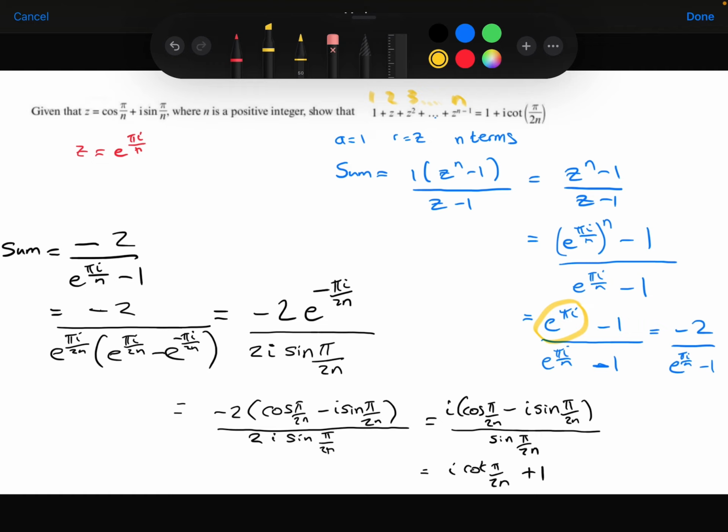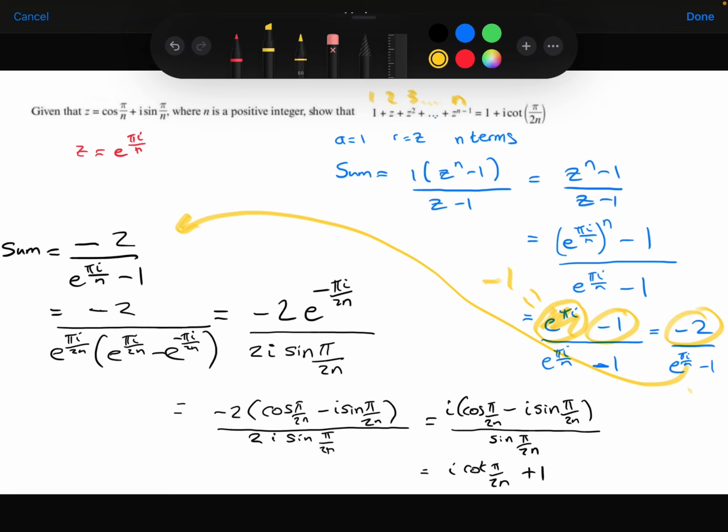Now e to the pi i, we know that that's equal to minus 1. And minus 1 minus 1 is minus 2. So carrying on over here now, the sum of this series is equal to minus 2 over e to the pi i over n minus 1.